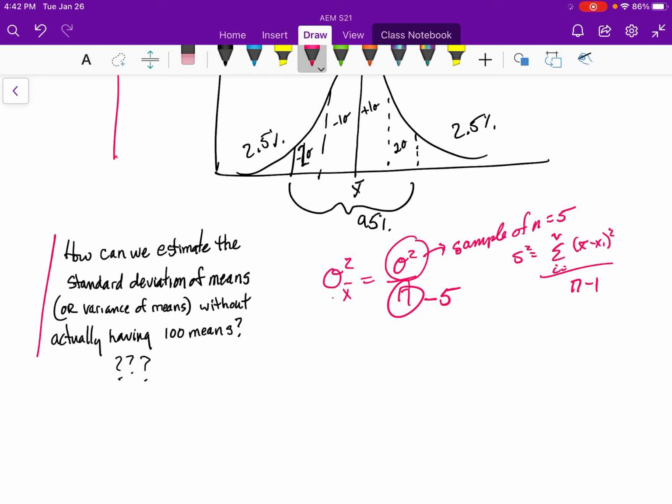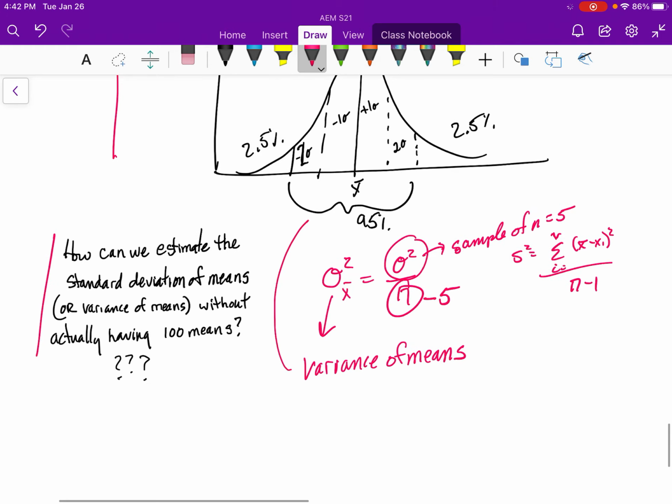Now once I have the variance of means, I can use that variance of means to go right back to, I'm thinking about getting to here, right? So how can I find the range of 95% of mean values? And I need the standard deviation of means.